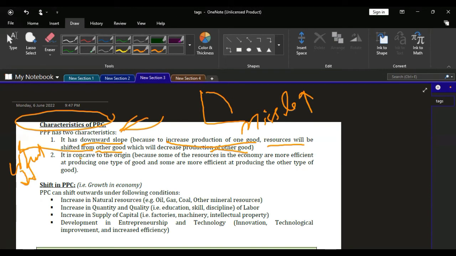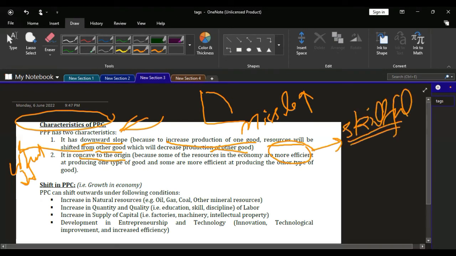Secondly, it is concave to the origin. Concave to the origin means that some of the resources in the economy are more efficient. Some resources, or some of the labor, are more skillful in the production of wheat as compared to missiles.